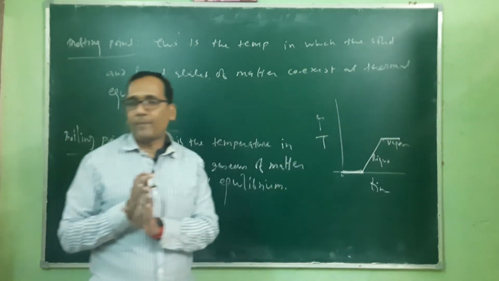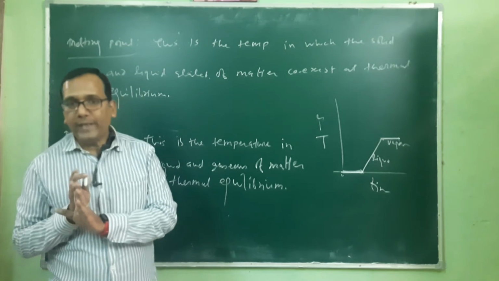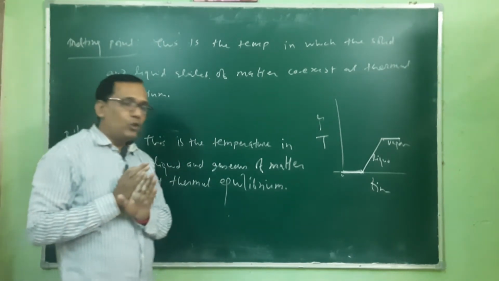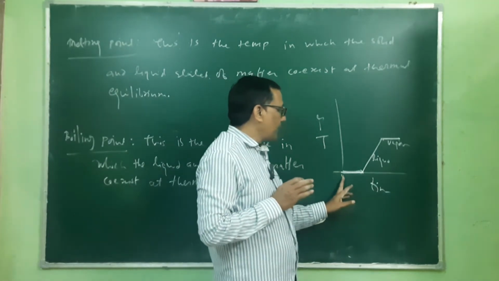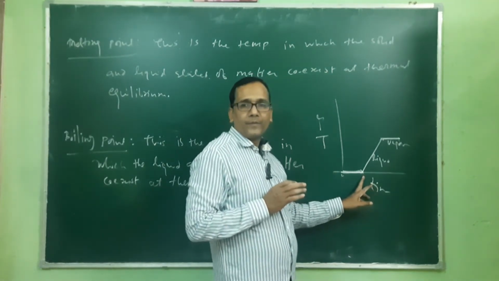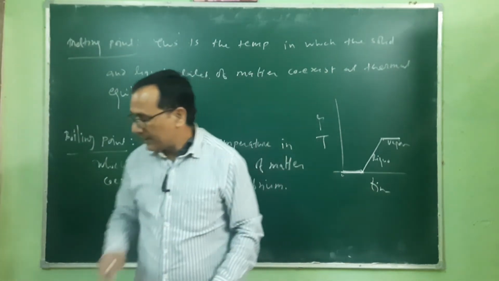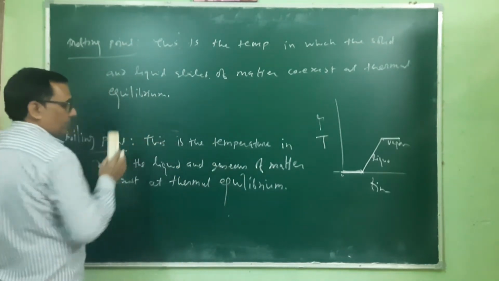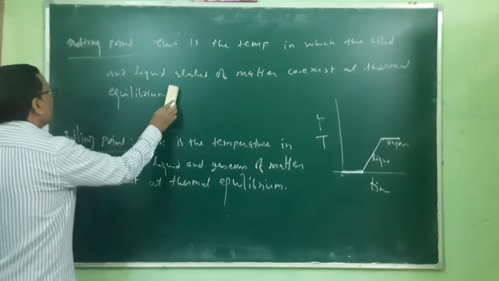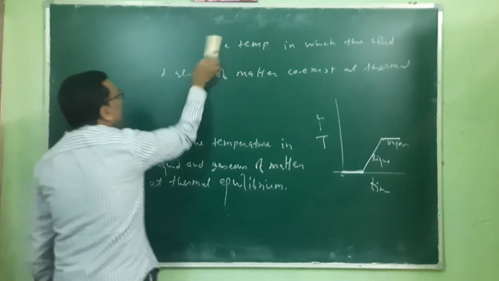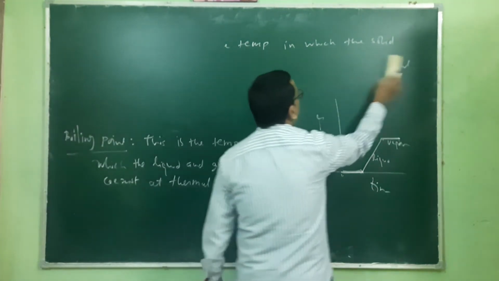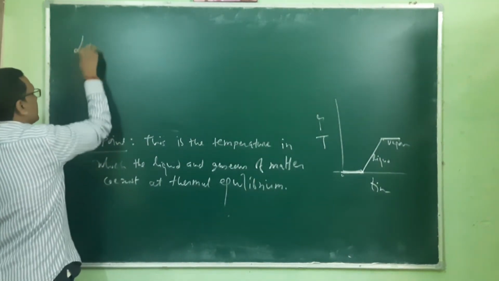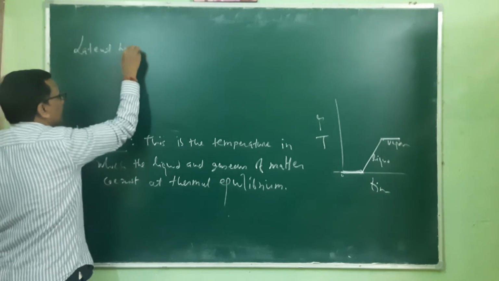There is no change in the temperature, but we are providing heat energy. That heat energy is being used to convert the state from one state to another. One term is used here, that is known as latent heat, the hidden energy.